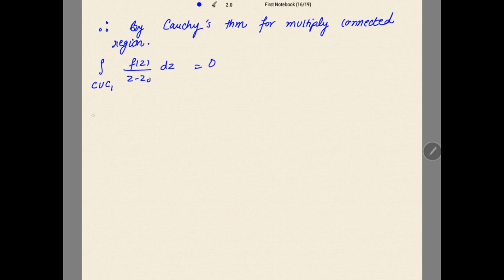Okay, so next, integral over C of f(z) over (z minus z naught) plus integral over C1 of f(z) over (z minus z naught) dz is equal to 0.